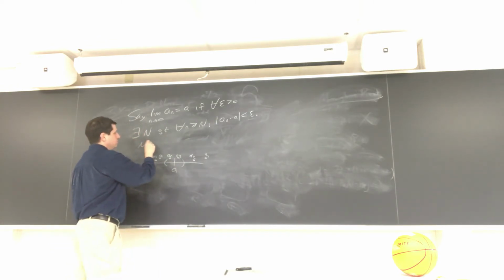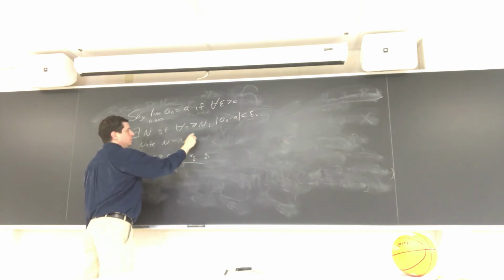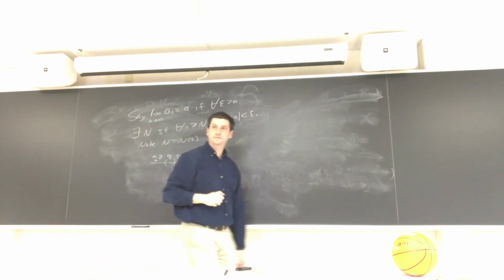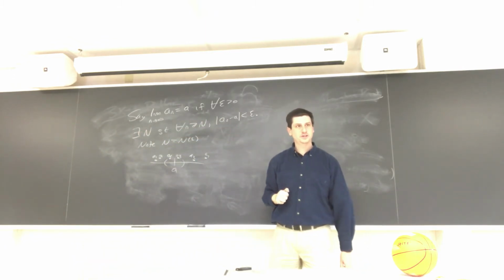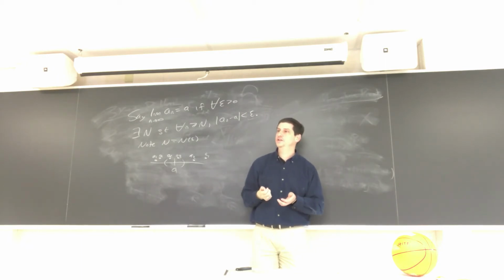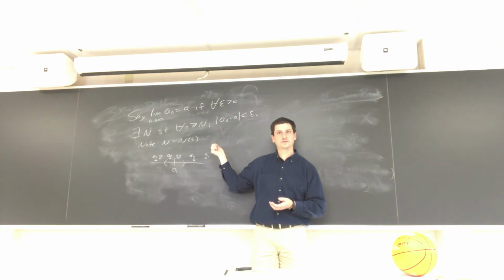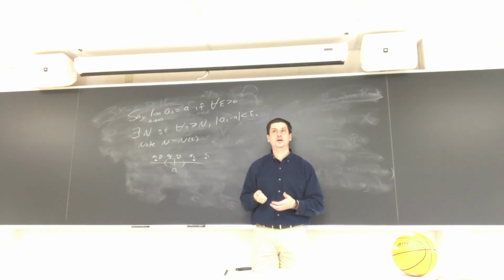Note, N could be a function of epsilon. Well, that makes sense. If I want to be within 1 over 100, that's not as severe of a restriction as being within 1 over googolplex. If I'm within 1 over googolplex, am I within 1 over 100? Yes. But just because I'm within 1 over 100 does not mean I'm within 1 over googolplex.